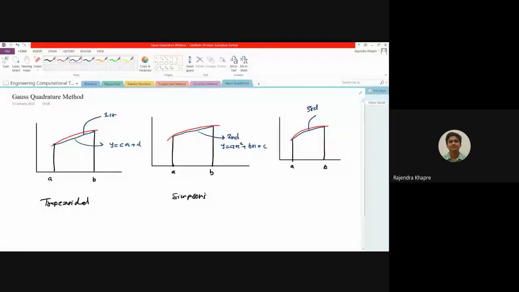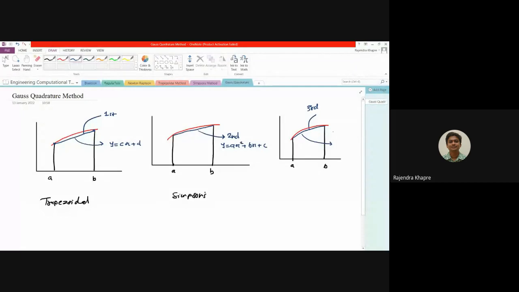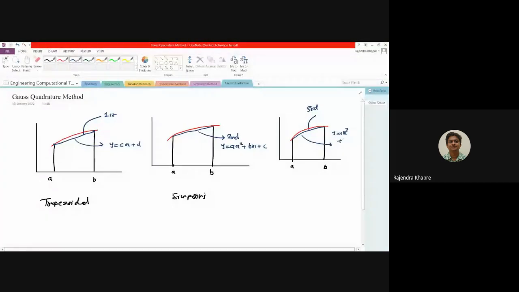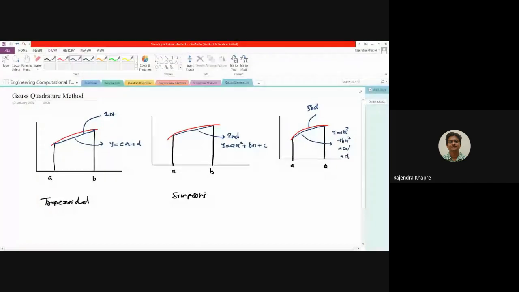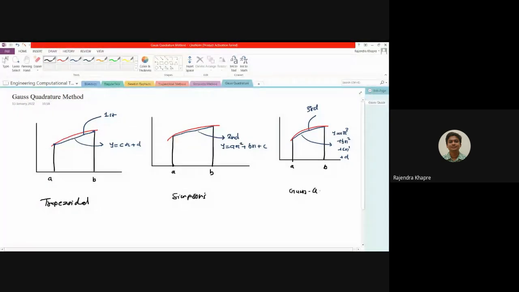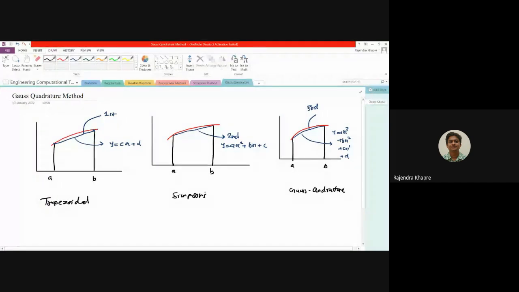If you write the equation of this, it will become something like y is equal to a x to the power 3 plus b x to the power 2 plus c x to the power 1 plus d. So this is the basic difference between these three methods. I hope you have understood this. Are there any queries? Now, this is the first degree, second degree, and third degree curve which is used to join the limits.